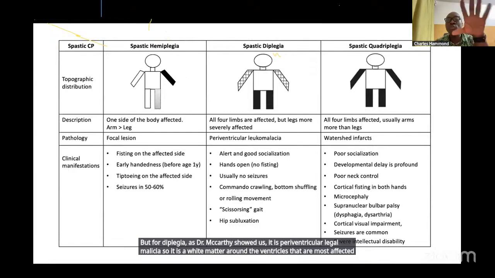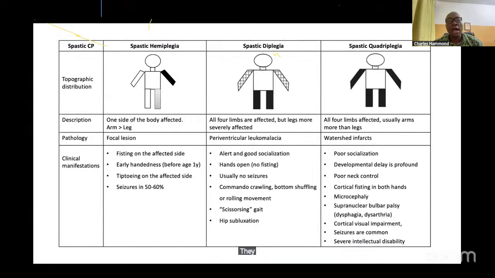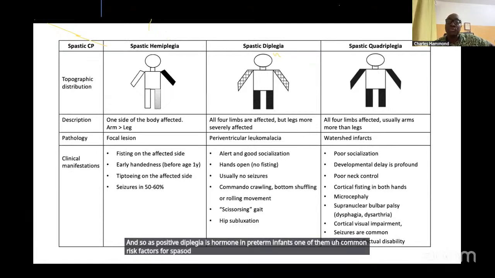And I don't want to go into the details of why that is so, but the preterm infant relies more on diffusion through CSF for nourishing of the brain than on vascular distribution. And so spastic diplegia is common in preterm infants. One of the common risk factors for spastic diplegia is prematurity.